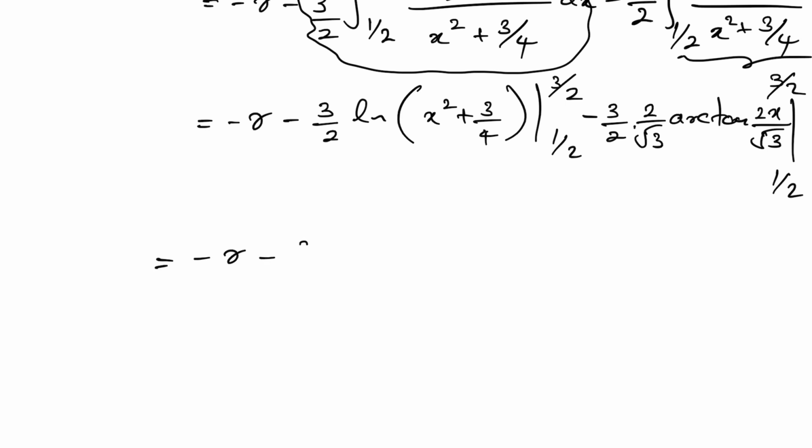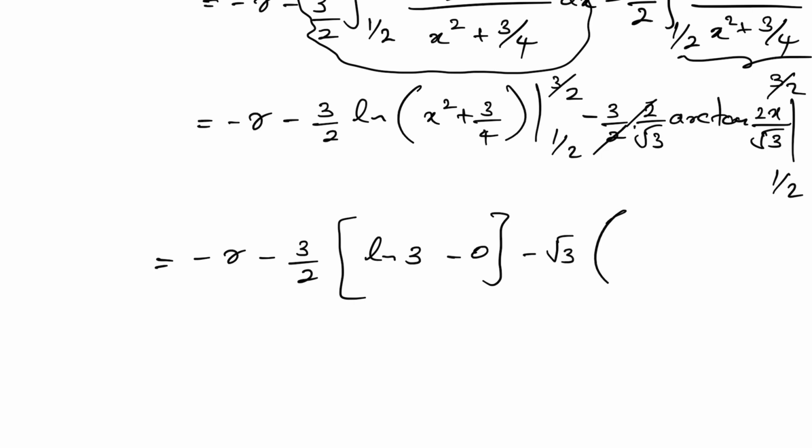Well, now we can simplify. Minus gamma minus 3/2 times the natural log of, if we plug in the upper limit 3/2, 9/4 plus 3/4, so 12/4, so 3. Natural log of 3 minus, if we plug in 1/2, natural log of 1, which we know is 0. Then these 2 get cancelled, and we have minus the square root of 3 times arctan of, if we plug in the upper limit 3/2, 2 gets cancelled, 3 over the square root of 3.